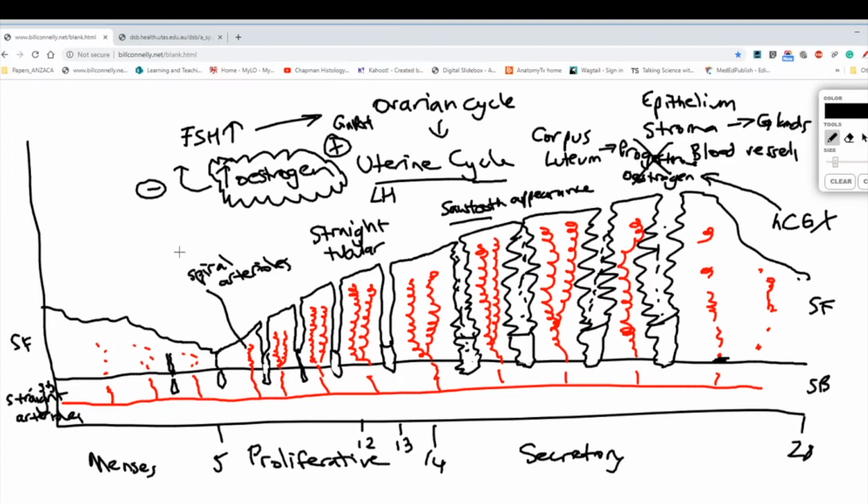So if we coincide these regions with the ovarian cycle, remember we have the phases of the ovarian cycle.